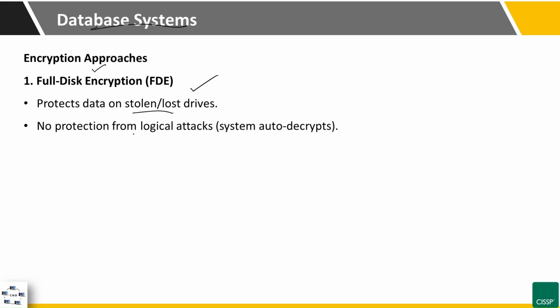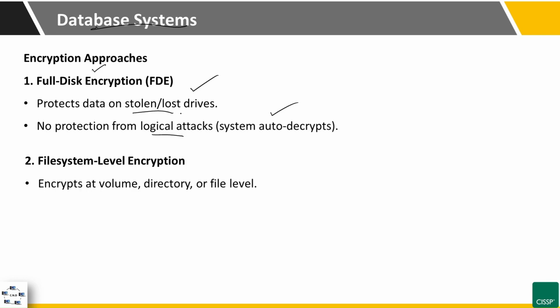It gives no protection from logical attacks, because the system auto-decrypts. What does this mean? This means that when a database is accessed by an application, the data inside the database is automatically decrypted, so it does not protect against logical attacks from the application side.